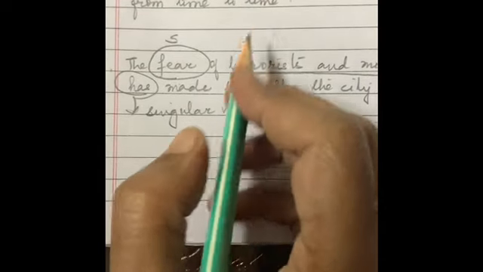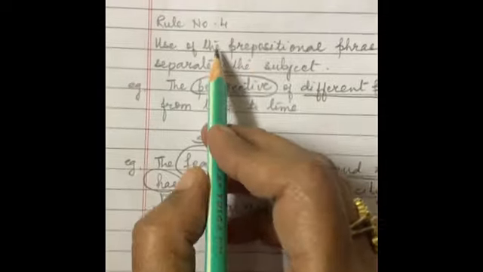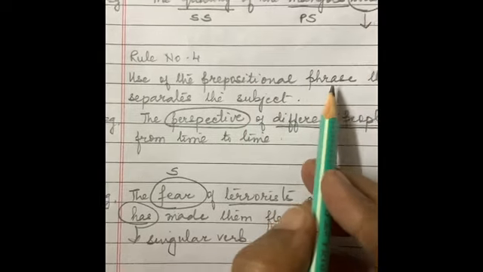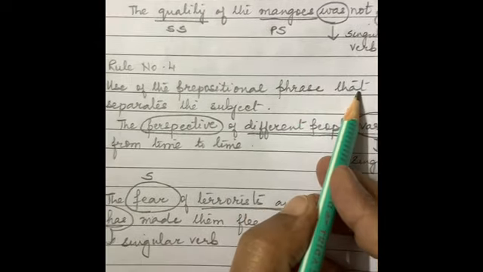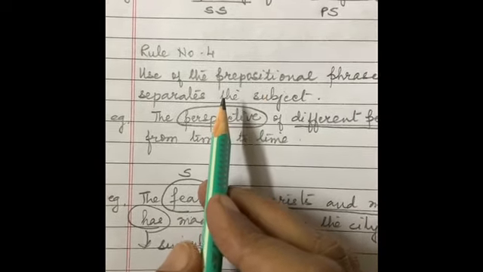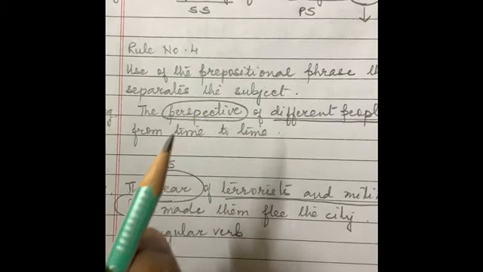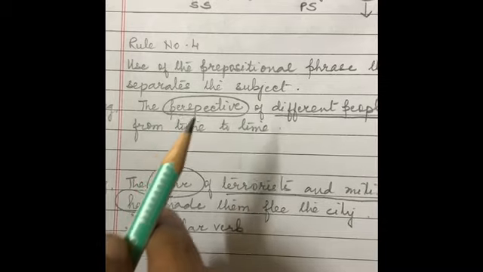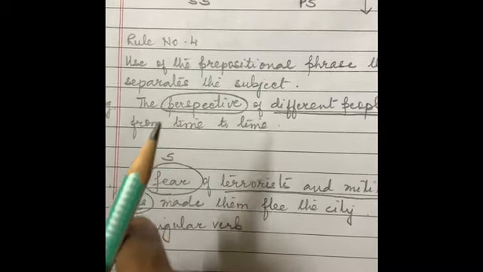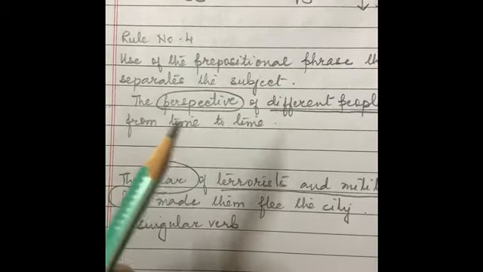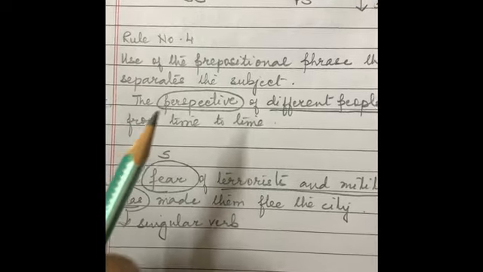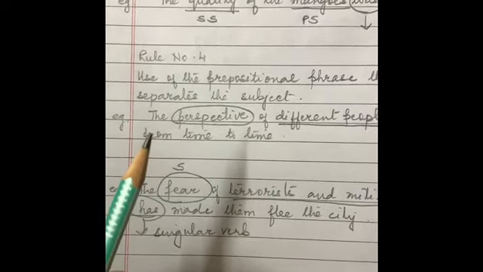And what is it? Use of the prepositional phrase that separates the subject. Clear? Now, when the prepositional phrase separates the subjects from the verbs, they do not affect the verbs. This you have to keep in mind.